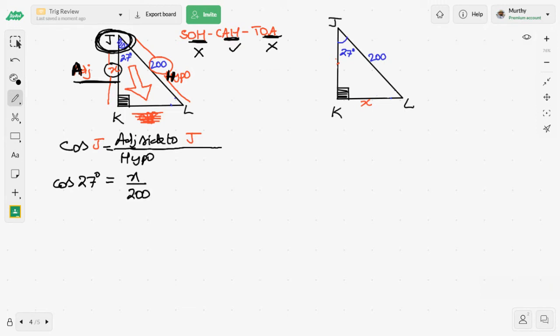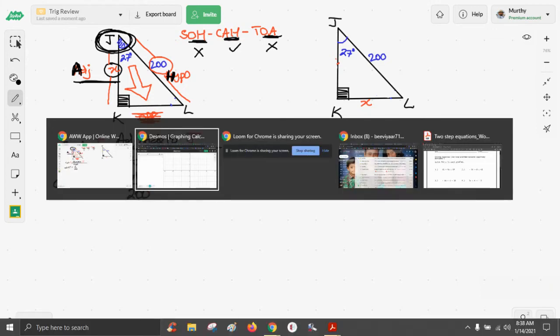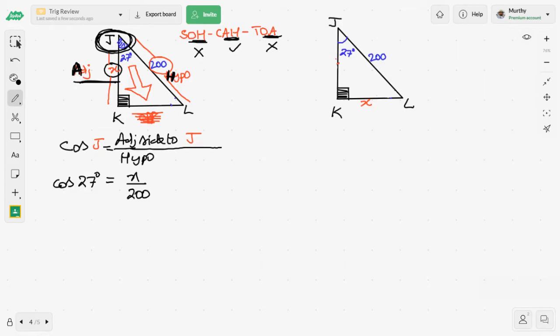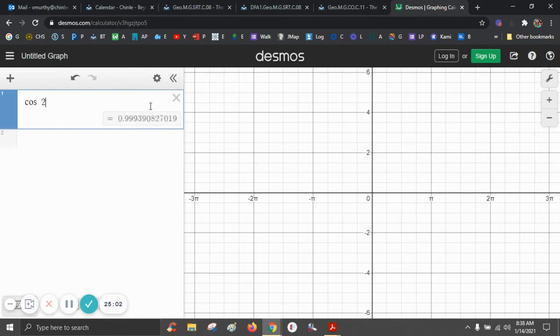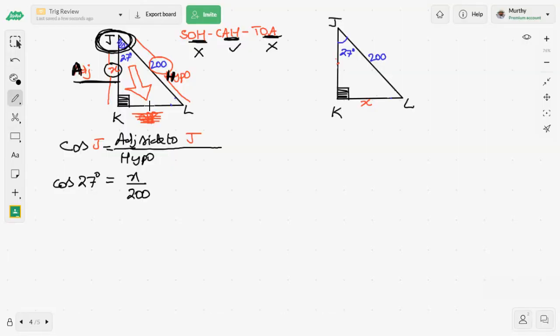Okay, so let me show how to solve this one. Go to Desmos. It is cos 27, so please do type it here. You see that it is 0.8910.